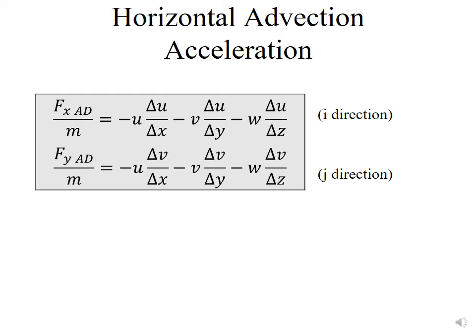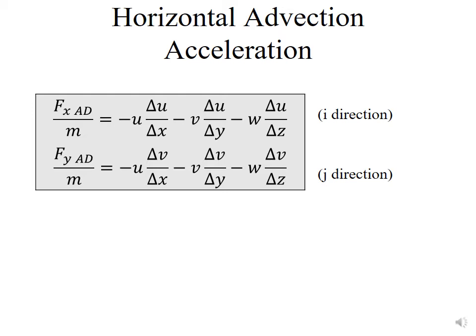In this case, the advection of momentum in the east-west direction is as stated here: minus u times the gradient of the u wind in the east-west direction, delta x, minus v times the gradient of the east-west wind in the north-south direction, delta y, and minus w times the gradient of the east-west wind in the vertical, delta z.